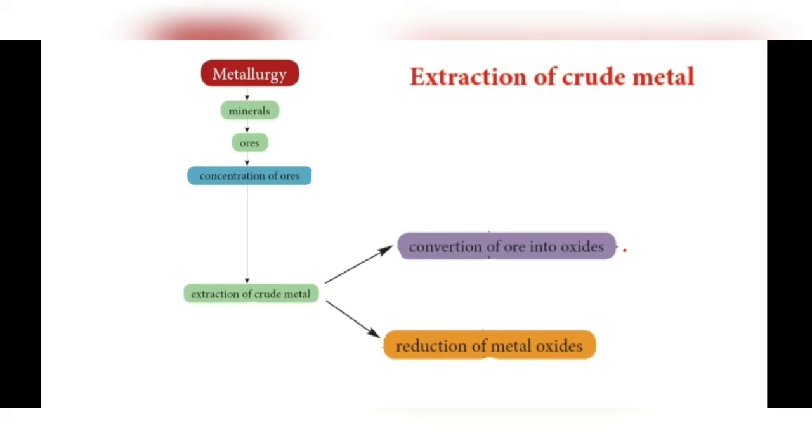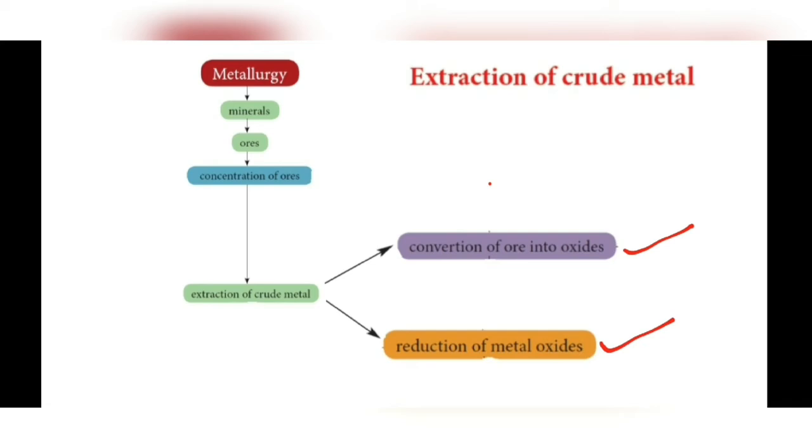In extraction of crude metal, it is split into 2 headings. One is conversion of ore into oxides, second one is reduction of metal oxides.